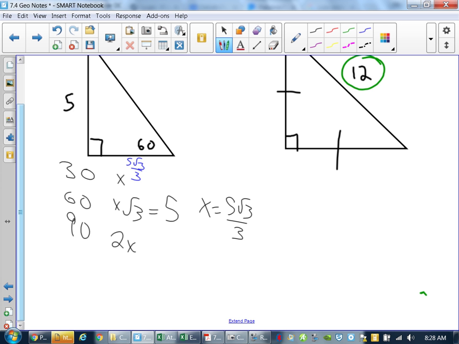And then if you double that, you get 10 root 3 over 3. That's what the calculator said. You have to have a calculator because you're dividing by the square root of 3. Same deal on the other one. I think we had an example with 12 in it already. Now that I think about it, you get 6 root 2s.